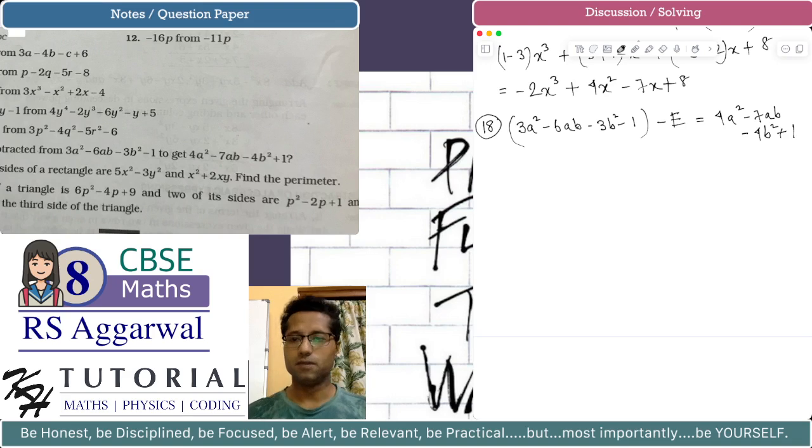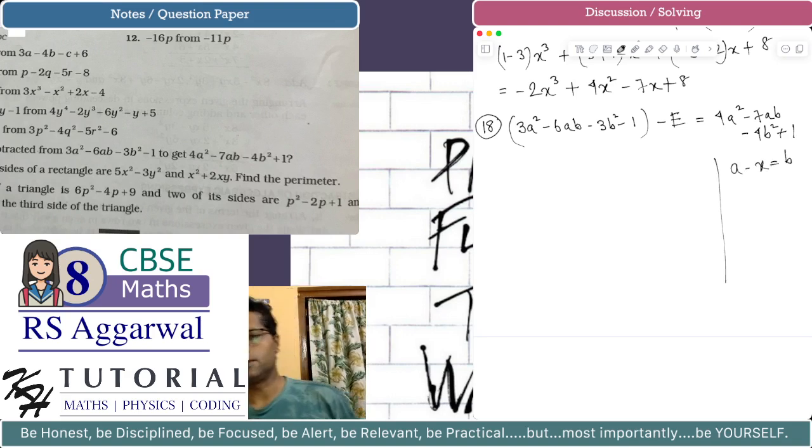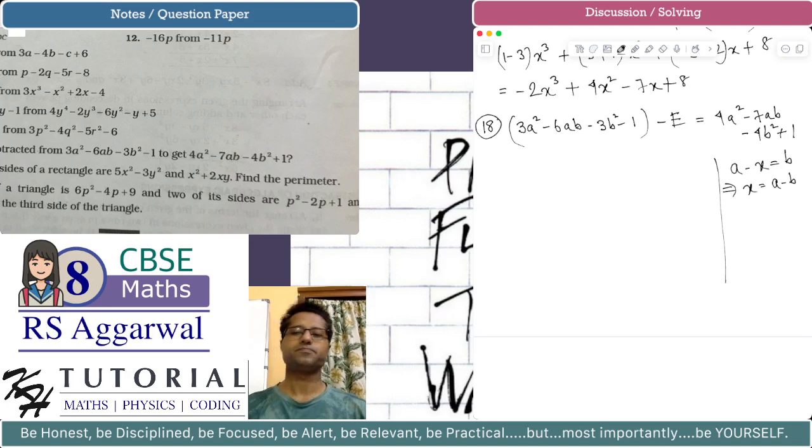Now it is very similar. How do we solve? Let's say we have a minus x is equal to b, where x is some unknown variable and a and b are some numbers or constants. How do we find x? From here we know that x is equal to a minus b.